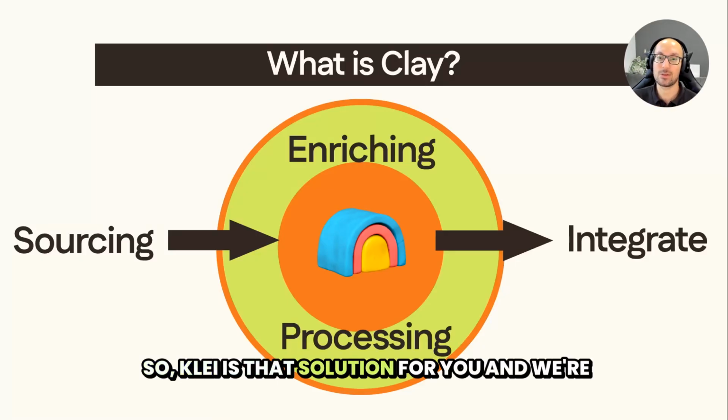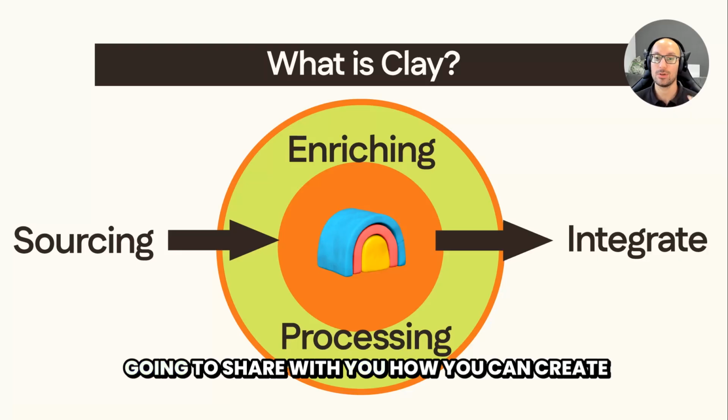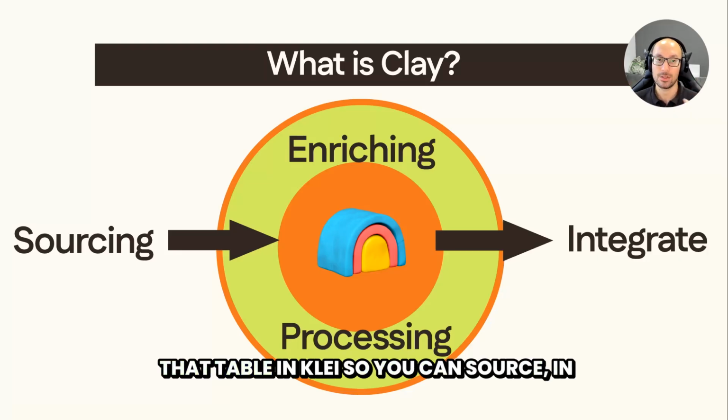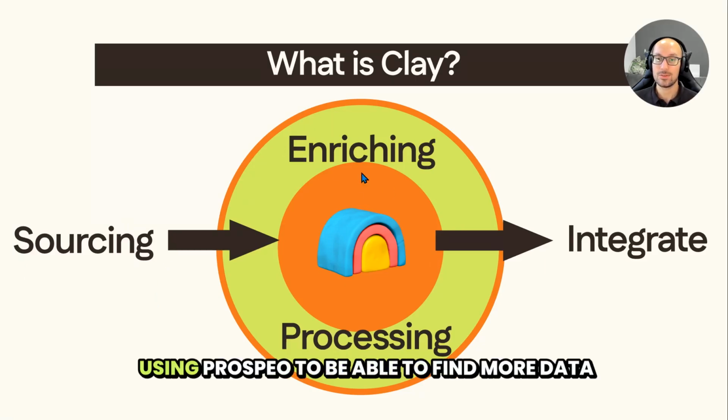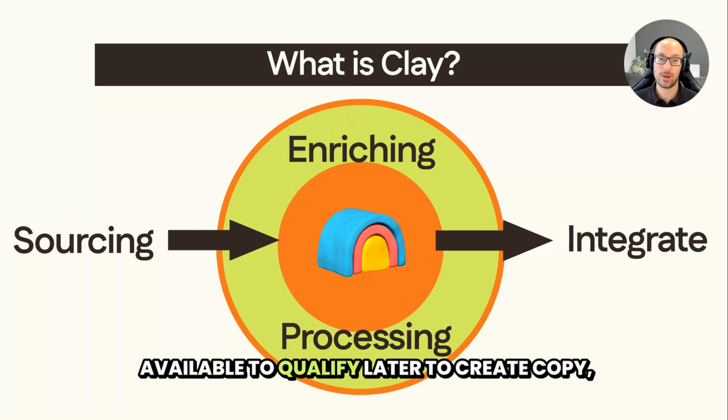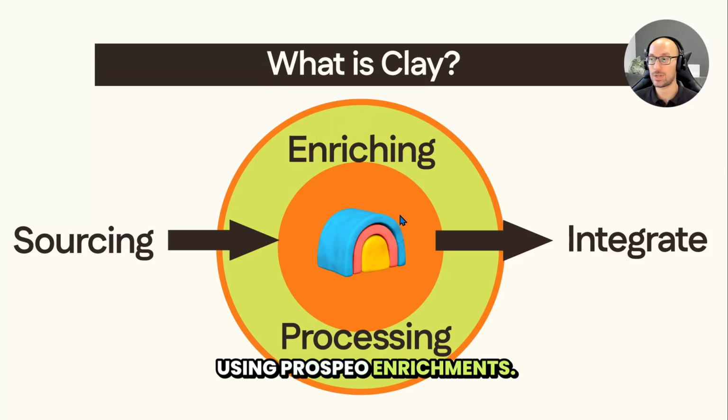So Clay is that solution for you, and we're going to share with you how you can create that table in Clay, so you can source, in this case, leads from LinkedIn. You can enrich them using Prospero to find more data available to qualify leads or to create copy. As well, you're going to find the contact data using Prospero enrichments.